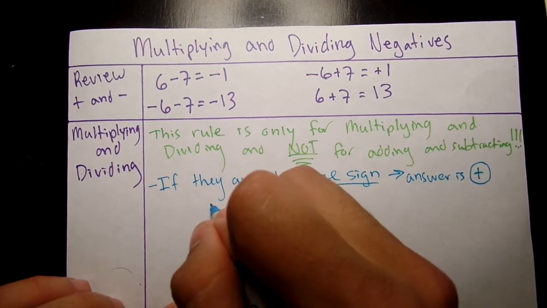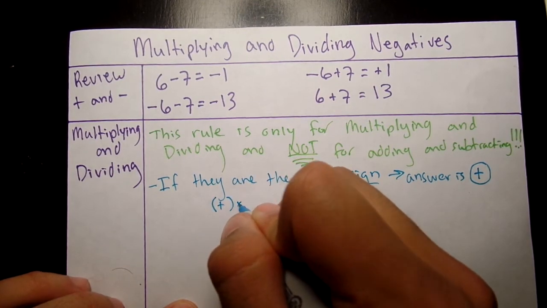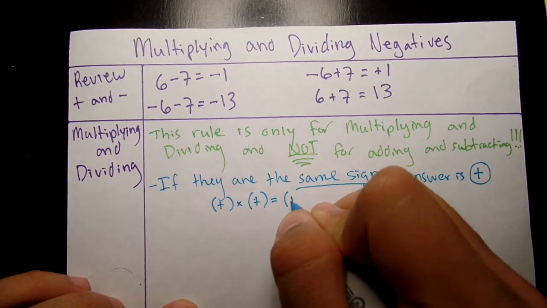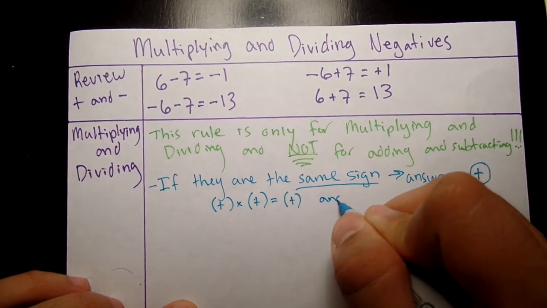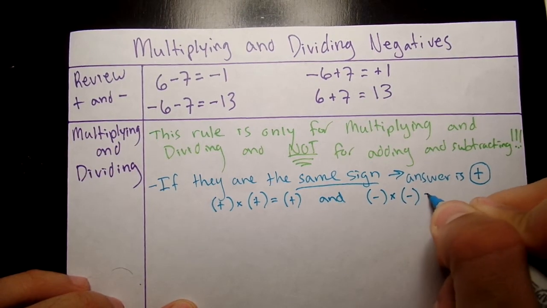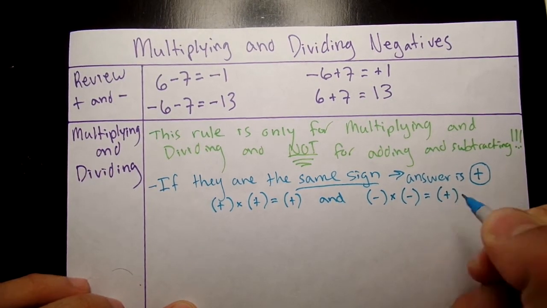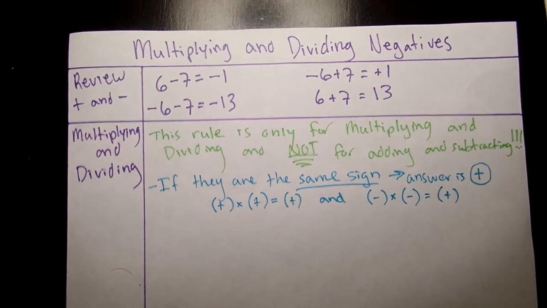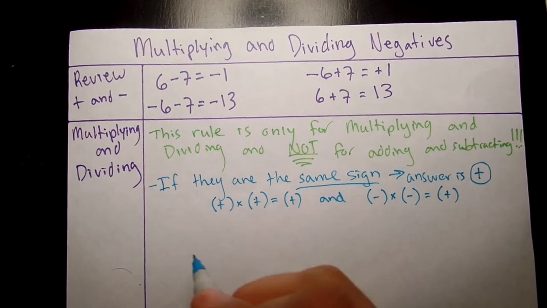And what I mean by that is a positive times a positive equals a positive. And a negative times a negative equals a positive also. Okay? And if you're confused right now, I will explain why. It makes sense.